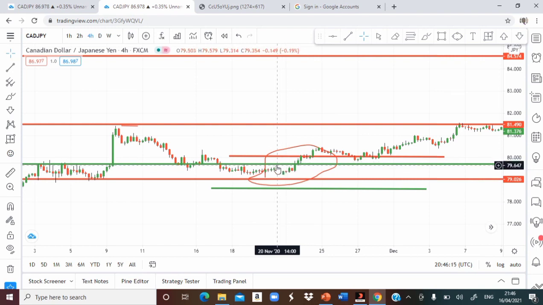This was this day. All these candles happened on the 20th. All these are 20th November candlesticks. Remember, that was the daily candlestick.